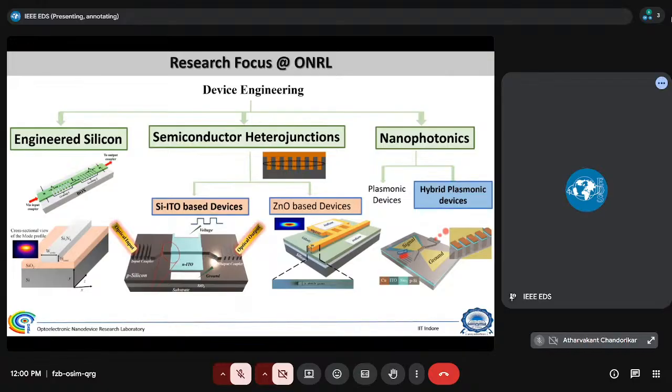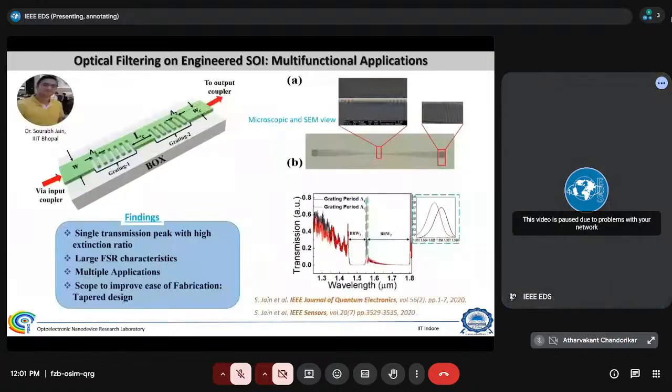Some time back we also started with zinc oxide based devices, which we stopped because we don't have the growth facility. But we had developed an optical modulator for visible light communication in that range. And then we are also into nanophotonics, where we are utilizing hybrid plasmonic devices for some applications.